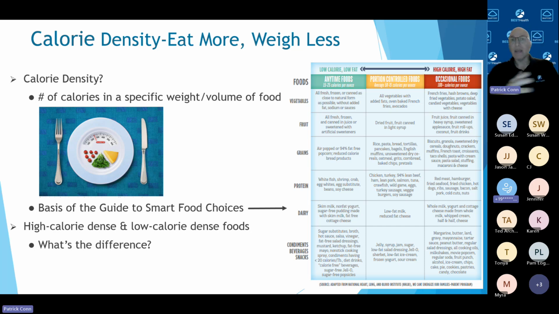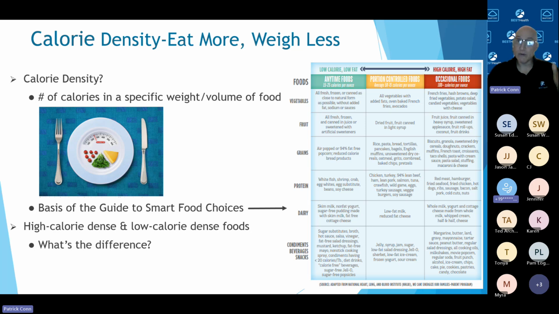If you do remember in the introduction class, calorie density is the number of calories in a specific weight or volume of food. And that is the basis of the guide to smart food choices. Again, your anytime foods, your portion control foods, and your occasional foods.